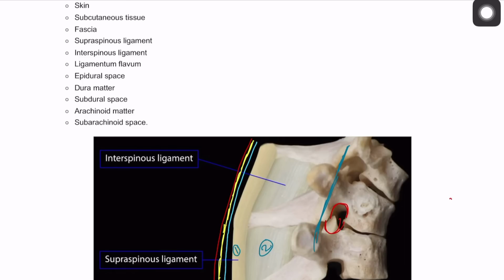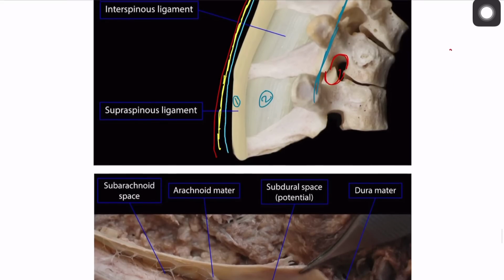I'm going to show it to you in a second in a better dissection. After the ligamentum flavum, you will feel a give, or a go away from you, with the needle. You will go into the epidural space, and following the epidural space, you go to the dura mater and subdural space, and then the arachnoid mater and subarachnoid space. We want to reach the subarachnoid space and get some fluid.